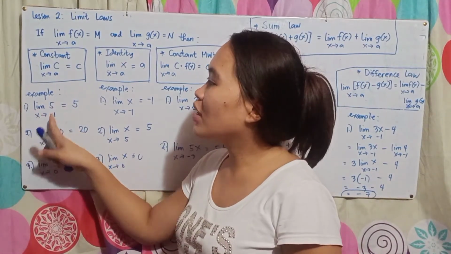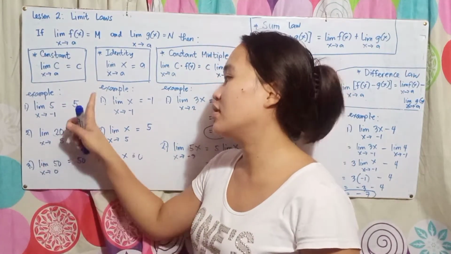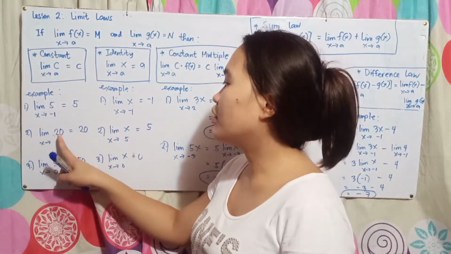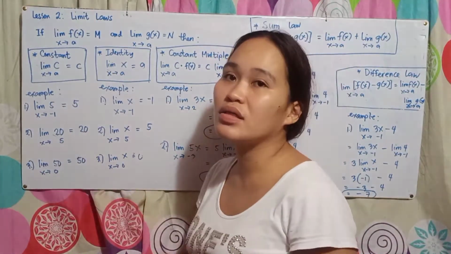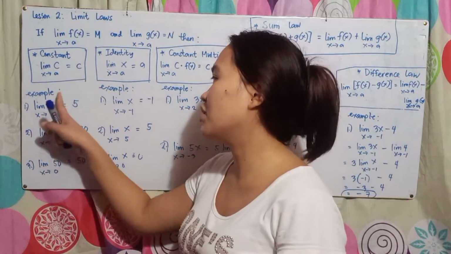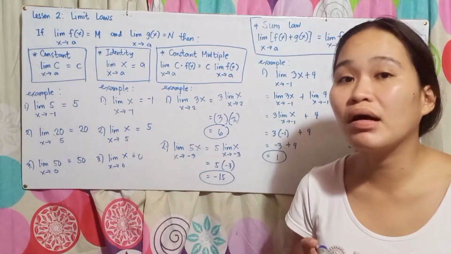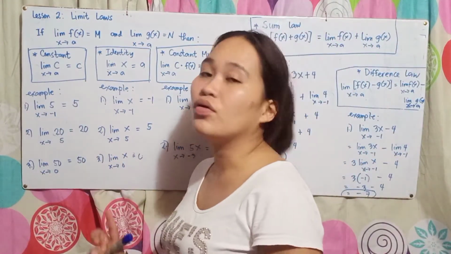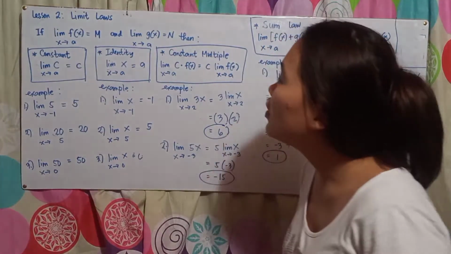Since walay variable ang limits, automatic kung sa tong constant na given mo ito ang answer. So number 2, limit of the constant 20 as x approaches to 5. So the answer would be 20 kasi walang variable yung given na function natin. So constant lang man ang given. So kung sa itong given na constant, mo ito ang answer.